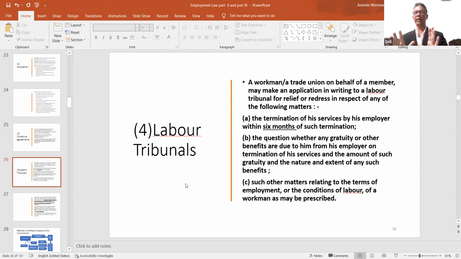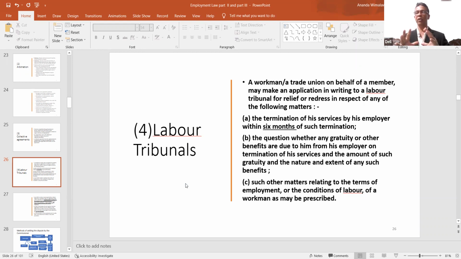If it is covered by the Gratuity Act, the Labor Tribunal does not have power. But remember, the Labor Department is in the process of filing all cases in relation to any matter with the Labor Tribunal, where there are no magistrate courts in a particular district.